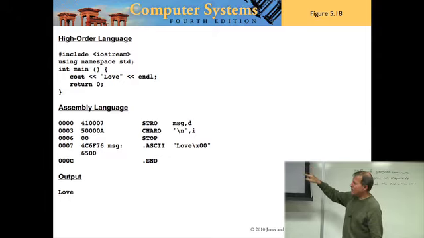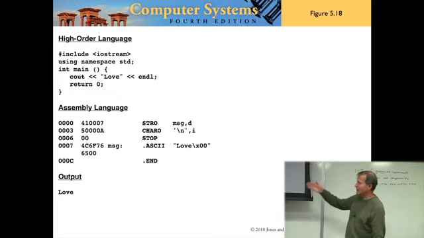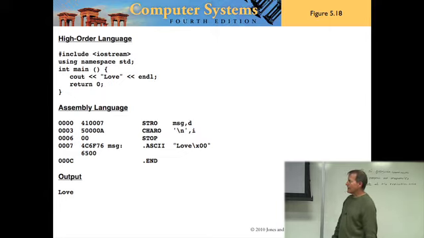Also, remember how main is int and it returns 0? We're going to ignore that. In a real life application, that stuff wouldn't be ignored, but we're going to ignore it just to keep things simple. So the only thing that we have to translate here is cout love.